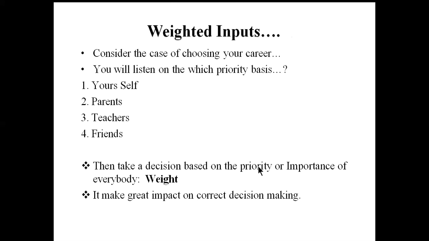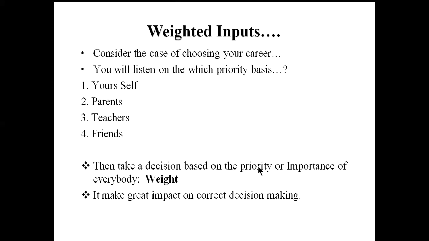To overcome these problems, we propose the artificial neural network. The artificial neural network basically consists of weighted inputs. To understand what weight or weighted inputs are, let's consider a real life example.